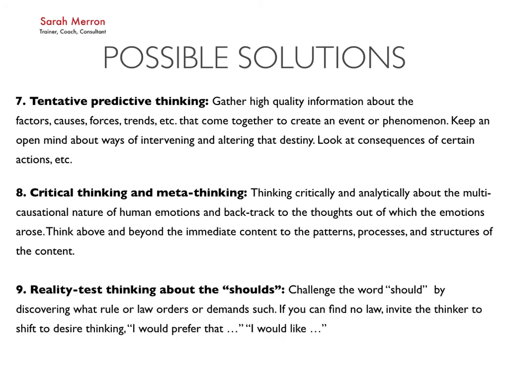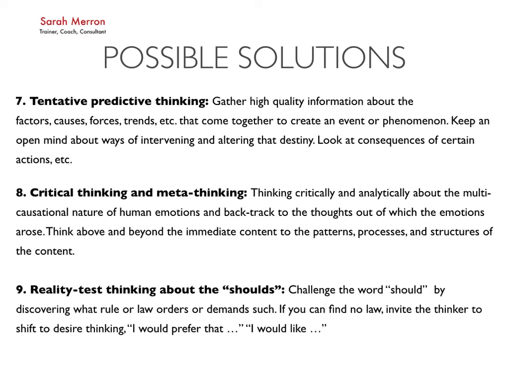Now, if somebody resists the should because they have very, very strict rules in their head around this, then you can also say, okay, well, what would be different is rather than saying, I should do that, how would it feel if you acknowledge that you prefer to do that or that you'd like to do that? So obviously what we're doing is we're offering up the concept of choice here, which obviously links to responsibility. Okay.